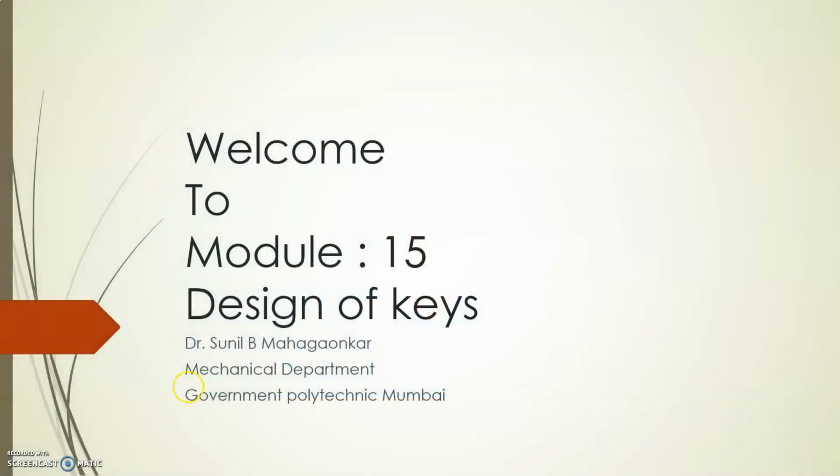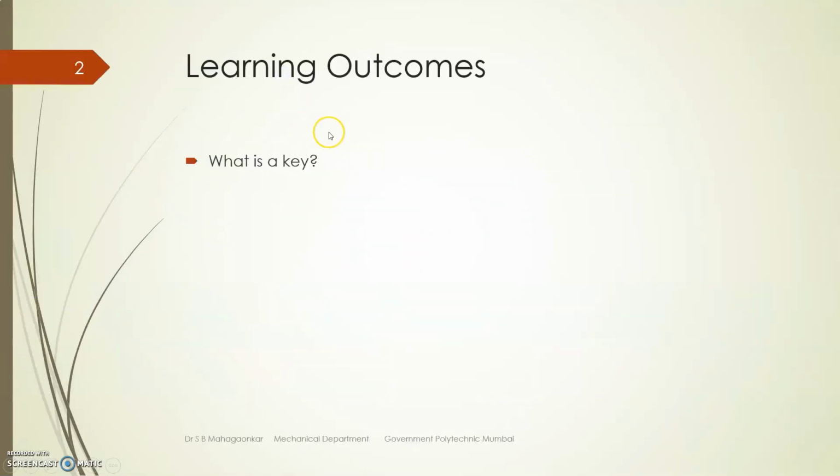So let us go with the slide. What is a key? These are the learning outcomes. The types of keys: saddle keys, drift keys, cylindrical keys, sunk keys, and the various applications of all these types of keys we are going to study.